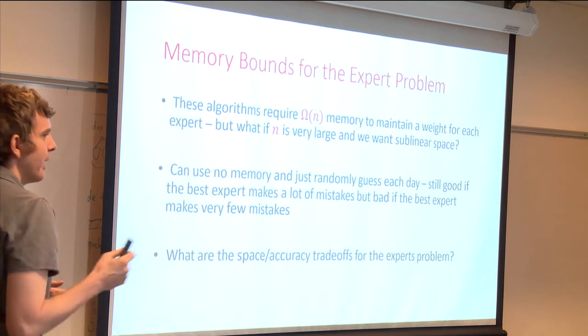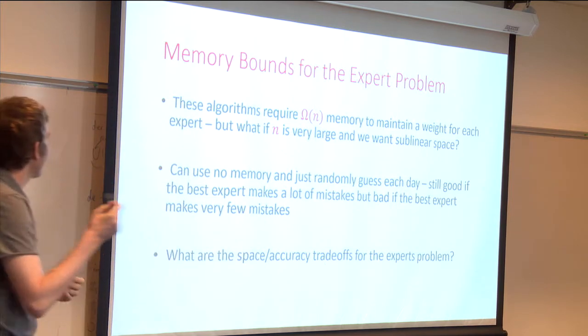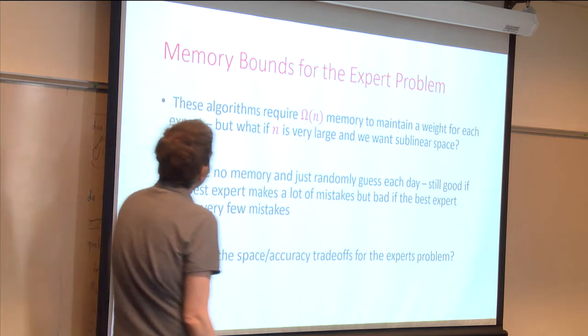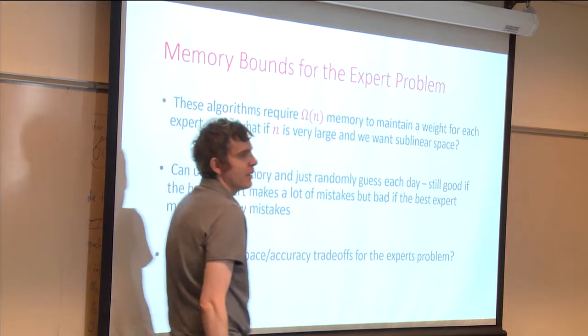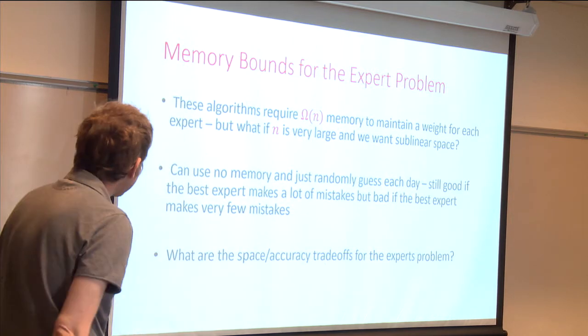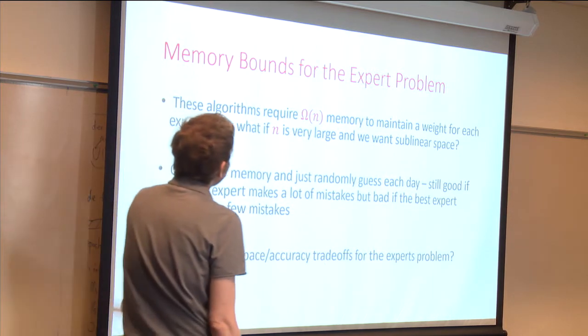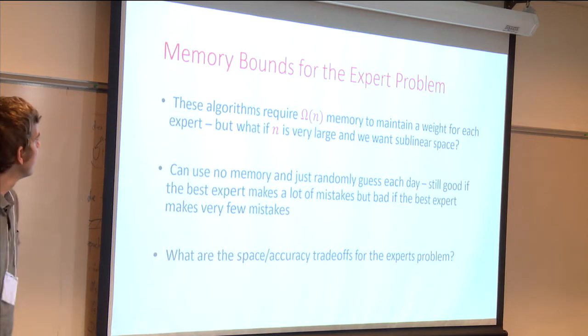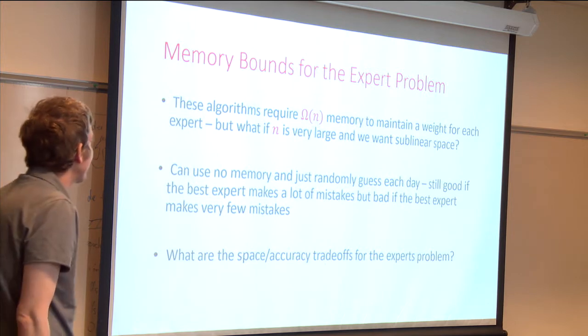So the question that we ask, which was actually asked by one of you, is that these classic algorithms require omega n memory. Why do they require that? Because you're maintaining a weight for each of your n experts. But what if n is very large, and we want sublinear space in n? There are applications where n is very large.